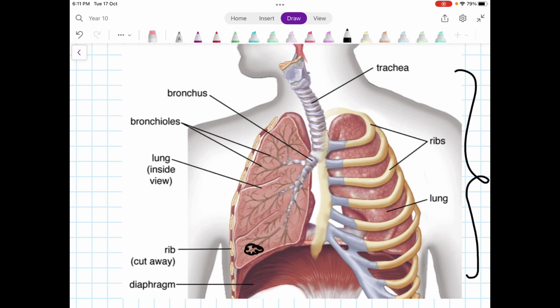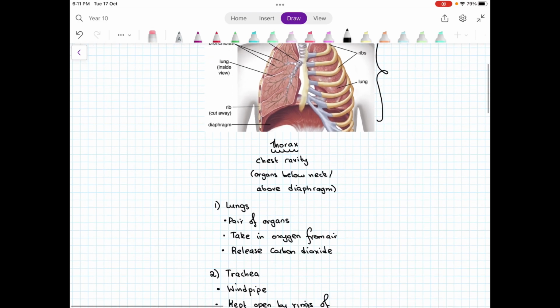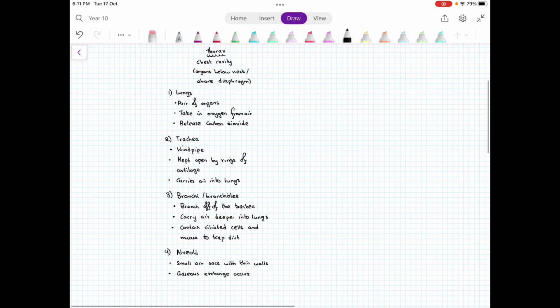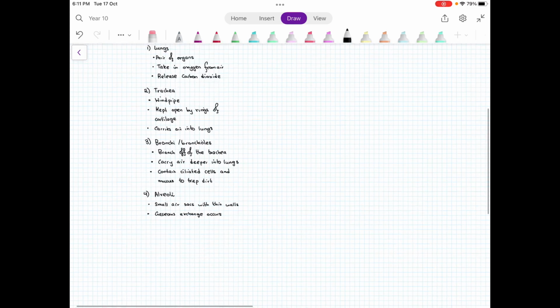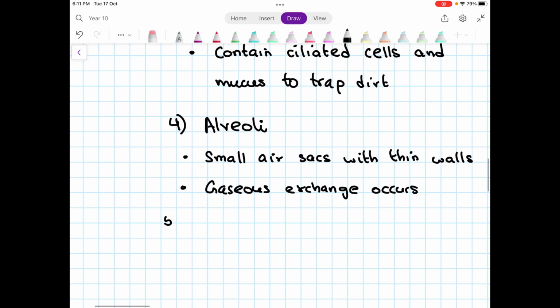So I don't think alveoli are depicted in this diagram, but there would be structures like these on the end of bronchioles. So far we have the lungs, the trachea, bronchi, bronchioles, and alveoli. So it's 5.